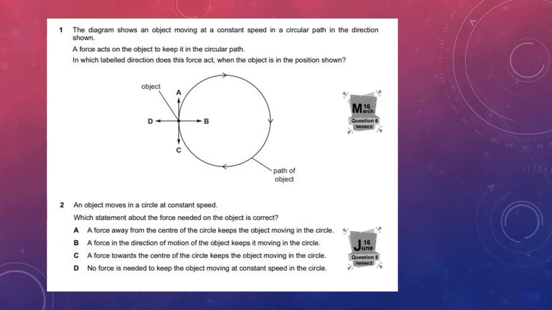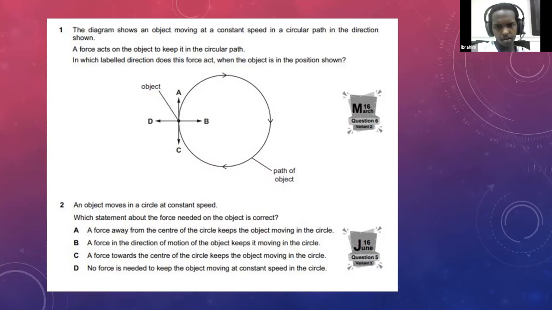B said a force in the direction of motion. This means the direction of this force will change according to the position of the object. Right, Ibrahim? Okay, Ahmed, do you understand?